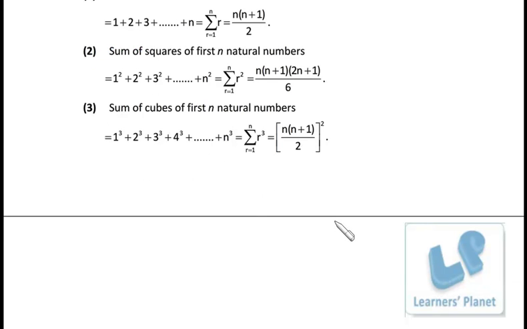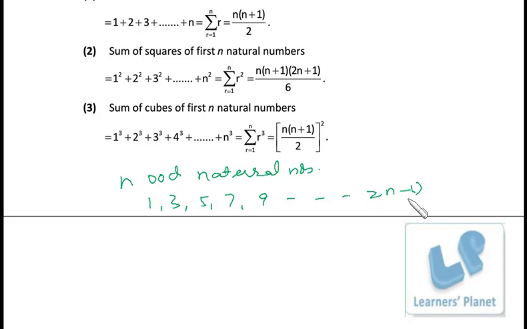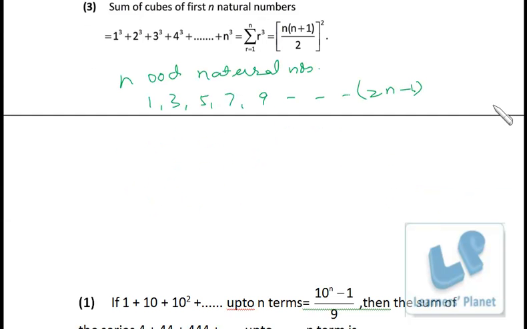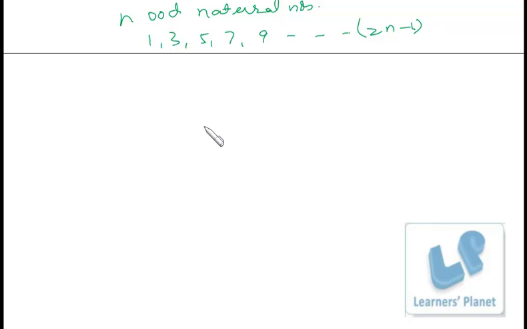Now suppose you have to find the sum of the first n odd natural numbers. That will be 1, 3, 5, 7, 9, and the nth term will be 2n minus 1. So you can directly use the formula that the sum of an AP is n by 2 into (a plus l).